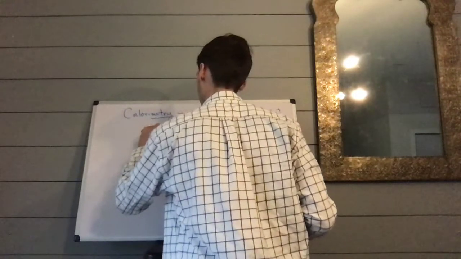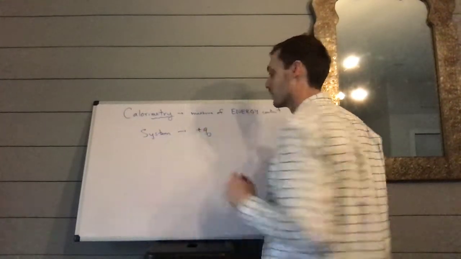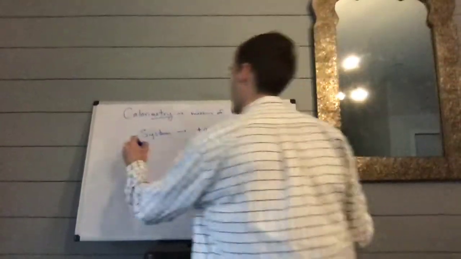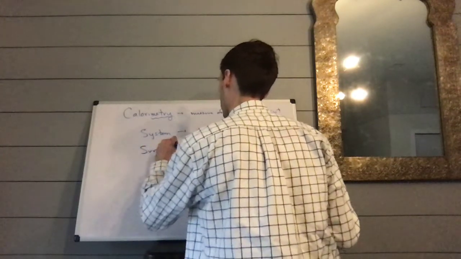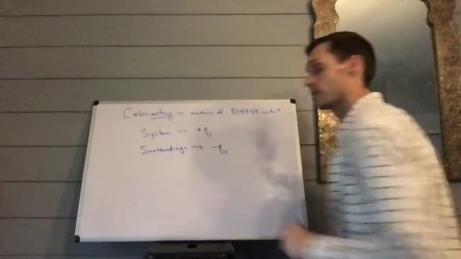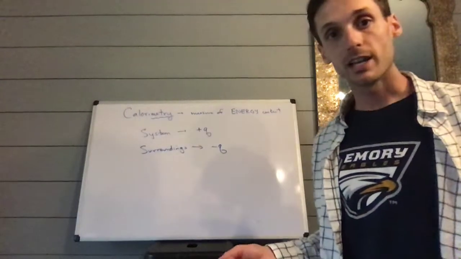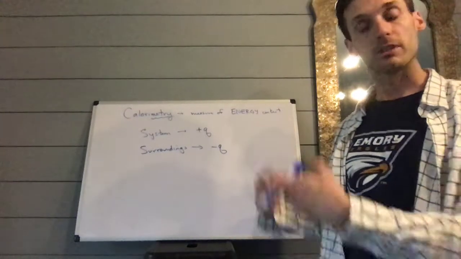So if a system has an overall positive Q value, like it's absorbing heat, then the surroundings would have a negative Q, because all of the energy that the system acquired had to come from the surroundings.